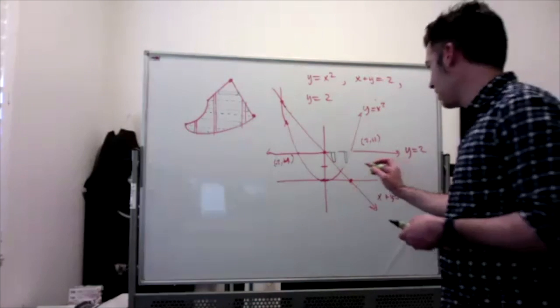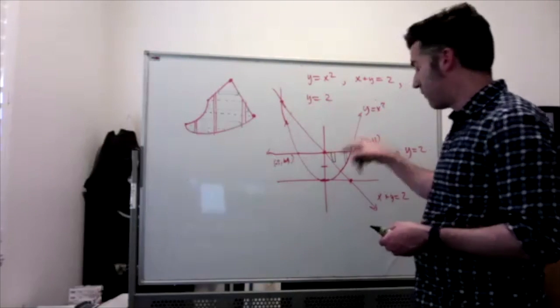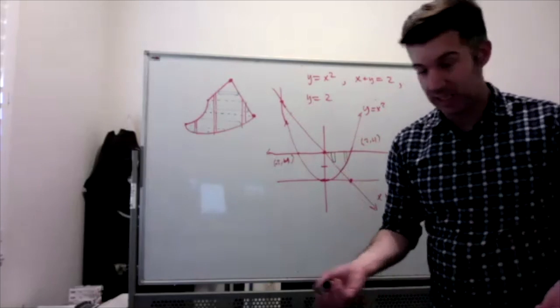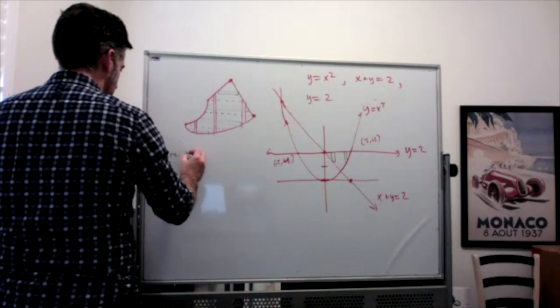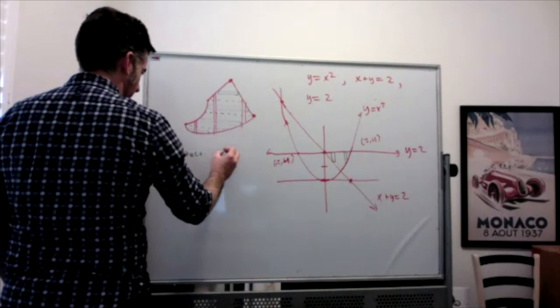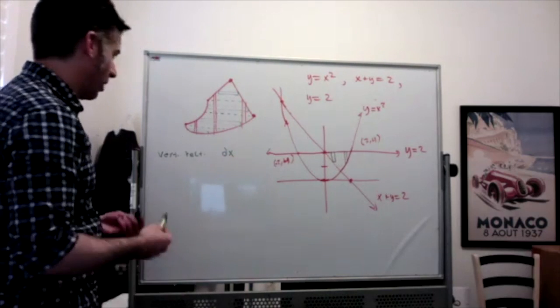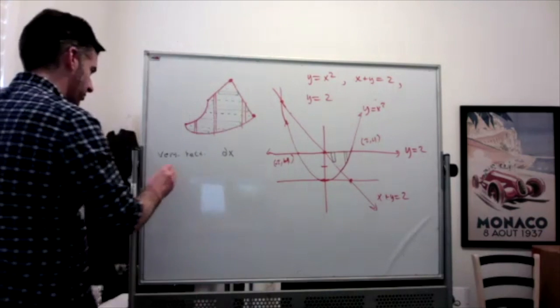So, Daniel, I don't know if I agree with what you said at the end though. So I would say vertical. Vertical rectangles means you're doing dx, integrating with respect to x, whereas a horizontal rectangle means you're integrating with respect to y.